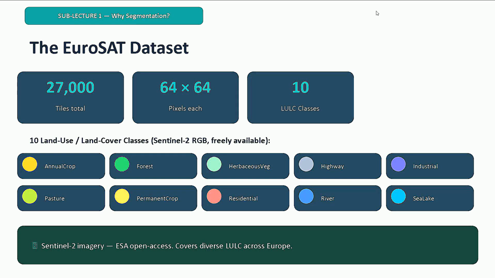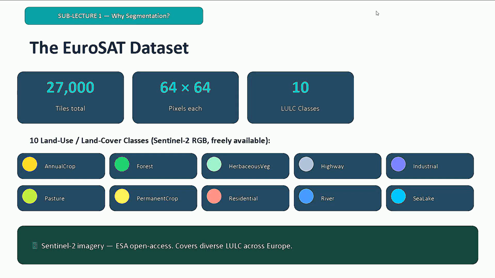Now, I want to be honest with you. EuroSAT was originally designed for image classification, meaning each tile has a single class level. For this tutorial, we used that image level to create a simple segmentation target by assigning the same class to every pixel in the tile.